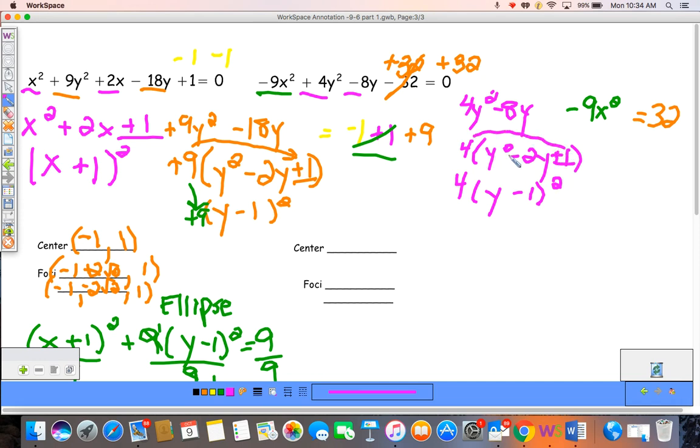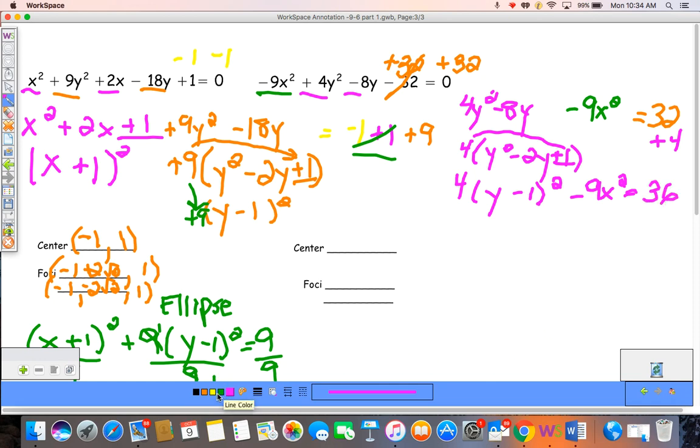And then I have to go ahead and multiply that. So it's going to be a plus 4 over here. And this one's kind of nice because, guys, the x already is a perfect square. Since I don't have another x in here, it's already x squared. I don't have to do anything to that. So it's just going to be minus 9x squared equals, and then 32 plus 4 is 36.